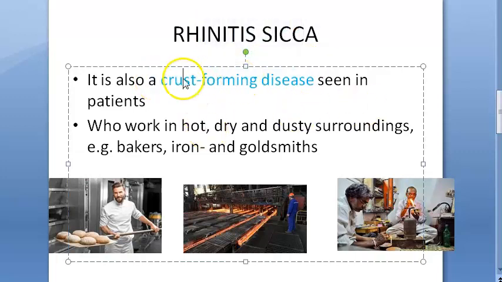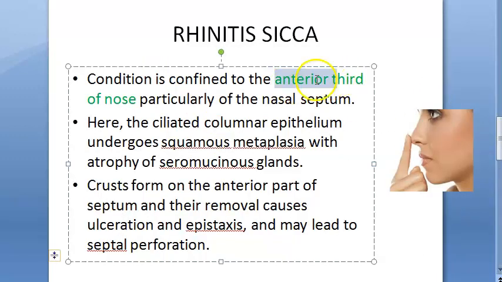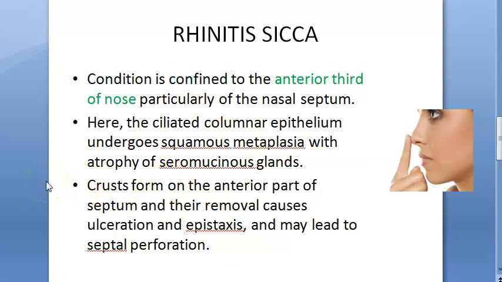Crust you have also seen in atrophic rhinitis, isn't it? So basically here what is affected? The anterior third of the nose is affected, particularly the nasal septum. This condition is confined to the anterior third of the nose. This is what you will be able to differentiate, because in this only the anterior part of the nose is affected. But in atrophic rhinitis you saw the turbinates, nasal mucosa, everything is affected.